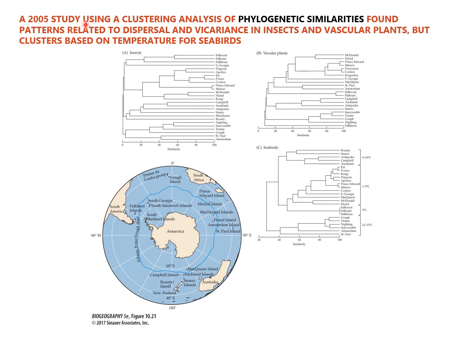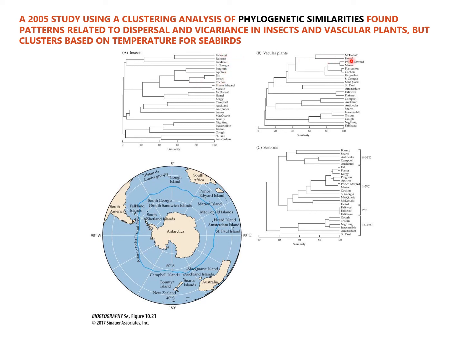A 2005 study used a clustering analysis. Not super important what that means, we won't get into it, but basically they're clustering the phylogenetic similarities found in related groups. They found patterns related to dispersal and vicariance in insects and vascular plants, but they found different clustering based on temperature for seabirds. So here's the phylogenetic structure for the insect groups and the vascular plant groups, and they're looking in this area here, which is basically the islands around Antarctica and Antarctica itself.